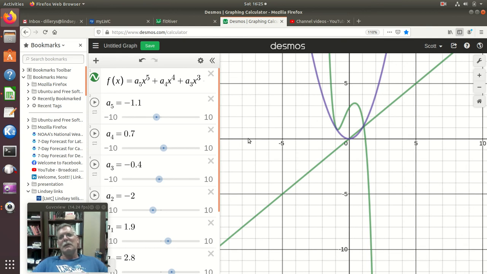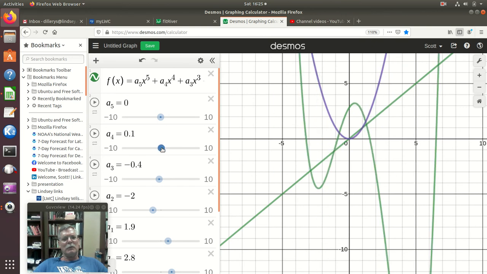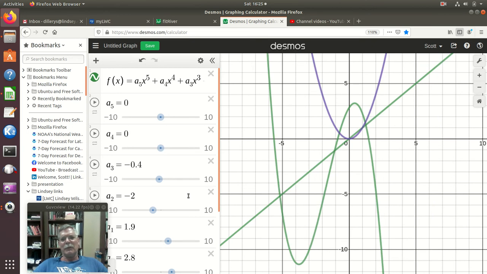Now what about the middle? Well, let's think about this for a minute, and let's go back to a quadratic or a linear or something like that.